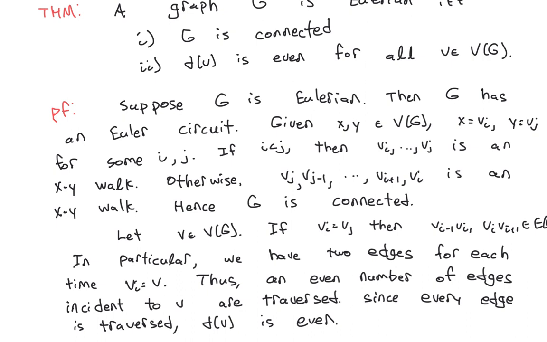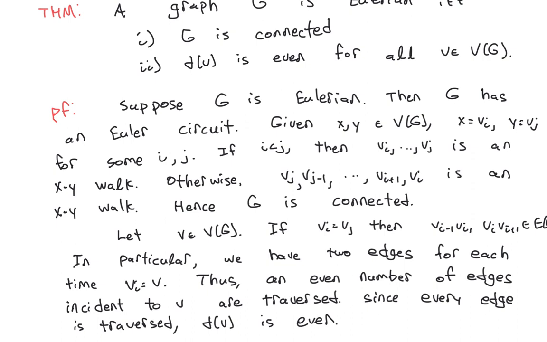So for the proof, first suppose that G is Eulerian, which means we have an Euler circuit. I'm going to denote the vertices of the Euler circuit as V0 through Vn. And so given any pair of vertices in our graph, x has to be Vi and y has to be Vj for some i and j.